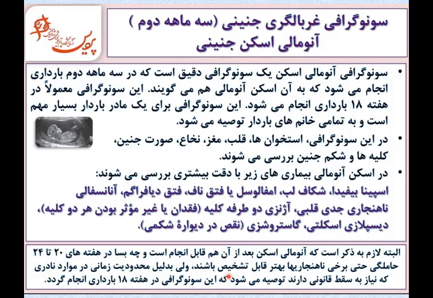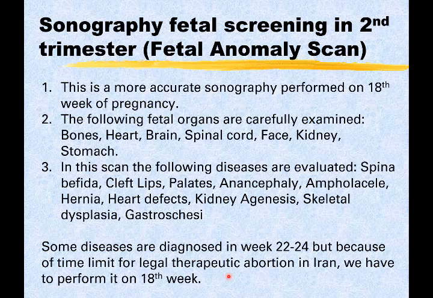Sonography for anomaly scan, I translated it here. Sonography fetal screening in the second trimester, fetal anomaly scan. This comes after the NIPT testing. Once we receive the result of NIPT testing and it's normal, then the last thing that we can do for making sure that the fetus is normal is the fetal anomaly scan on week 18.